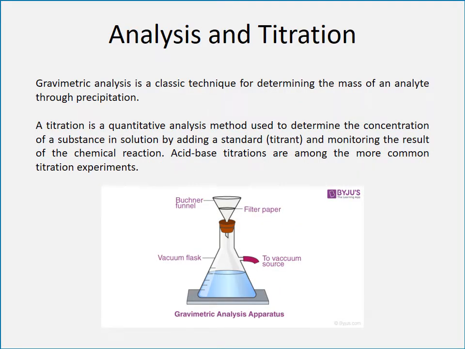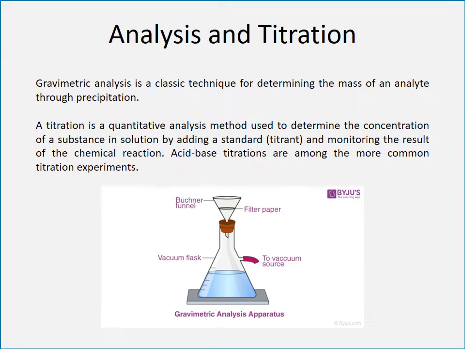So, what really is an analysis and titration? What's the difference between gravimetric analysis and gravimetric titration? Gravimetric analysis is a classical technique for determining the mass of an analyte through precipitation.